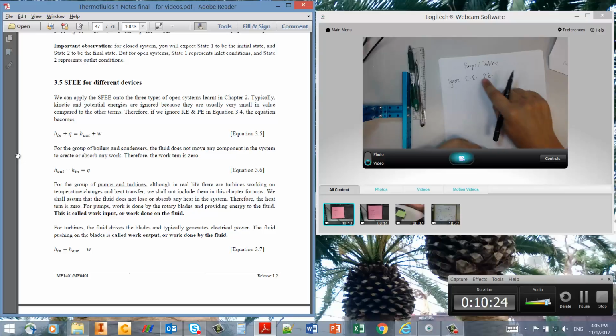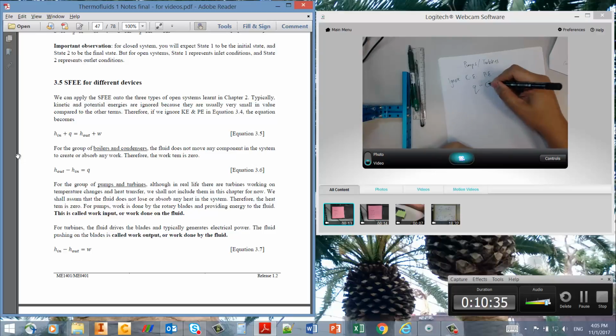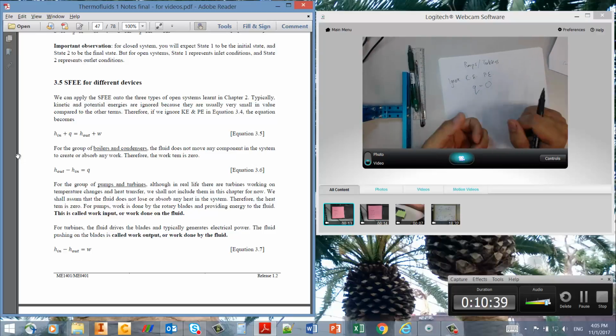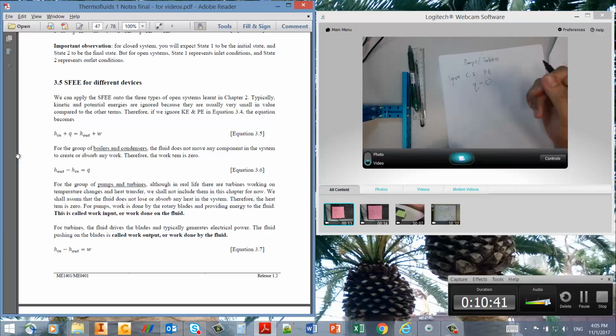So we can ignore them. They will be very small compared to your H, your Q, and your W. For pumps and turbines, we can also assume one more thing, that your Q is 0, meaning let's say it's an insulated system, no heat is lost or gained from the surrounding.